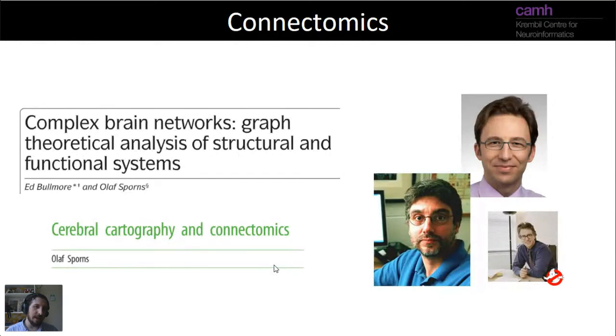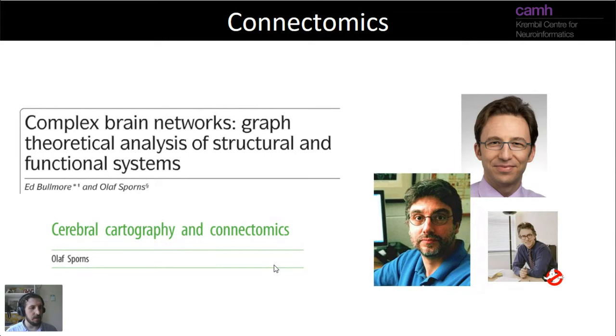The idea of connectomics is to study the map of connections between brain regions in the same way that the kernel of genomics is to study the human genome and the map of base pairs in DNA.